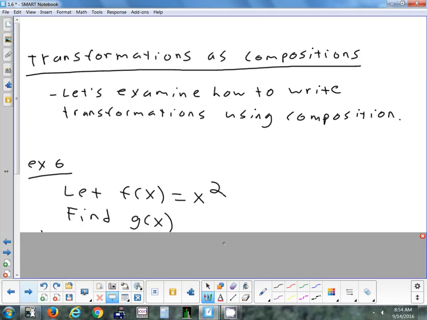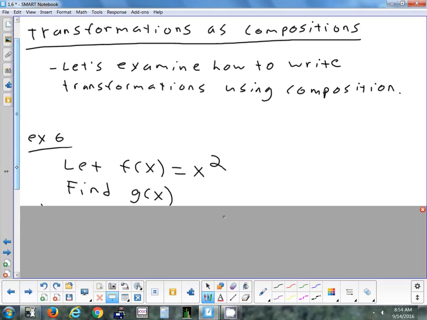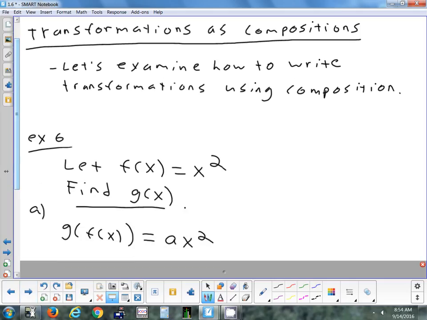Okay, next thing we're going to look at is how we can do a transformation, kind of like we did yesterday, but we can write the answer as a composition. Okay, so this can be a little tricky.